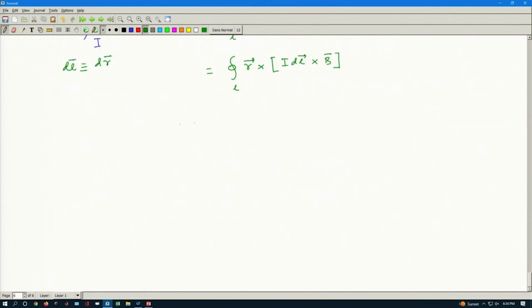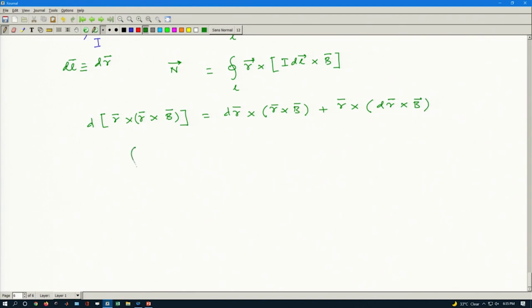Now what we do is this. If I want to calculate d of r cross r cross B, it should be dr cross r cross B plus r cross dr cross B. B is a constant.